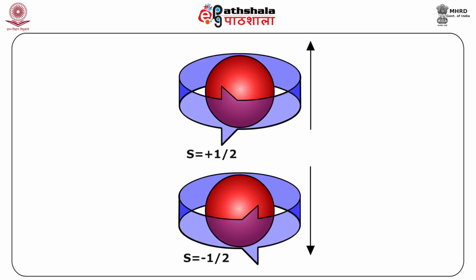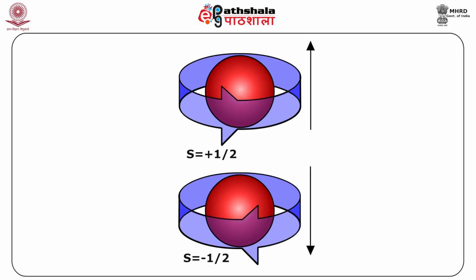The next quantum number we will discuss is the spin quantum number, represented by S or ms. It is the last thing we need to fully describe an electron in an atom.